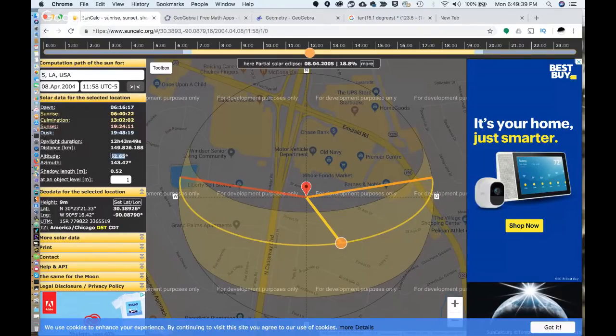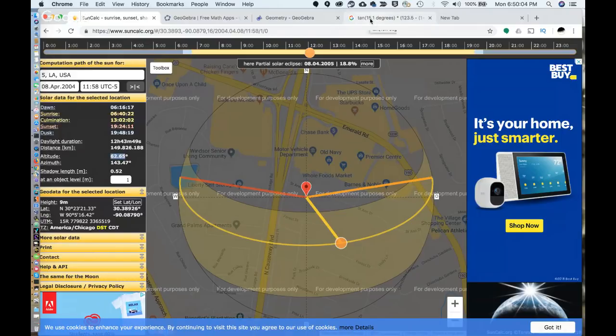You have the altitude of the sun, you have the length of the shadow. I think the only other information you might need is the width of the bulb at the top of the water tower. But using all that information, you should be able to do the similar thing that I did and try and determine the height of that water tower.